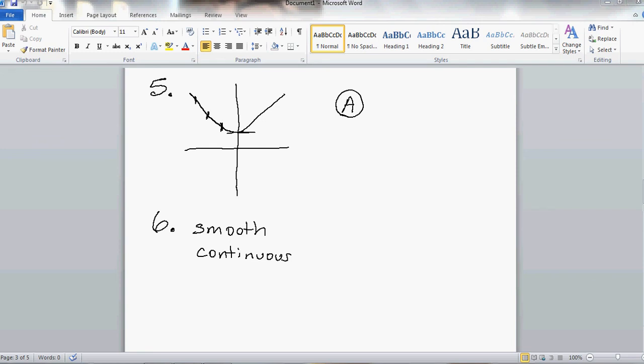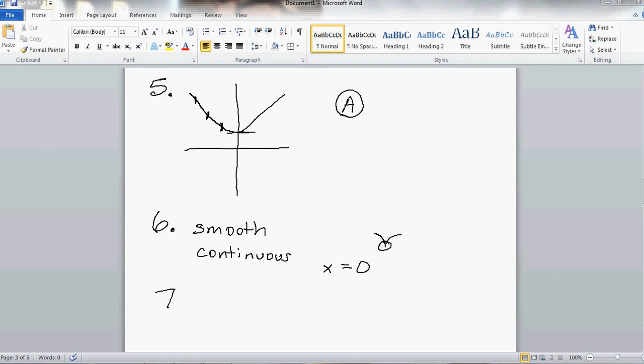It starts negative, it ends positive, and it's continuous all the way through. We don't have any holes. Is it smooth everywhere? It looks smooth in the negative, and smooth in the positive. The only problem is right at 0, it goes down and then immediately creates this point right here. So it is not smooth there. In other words, it's not smooth when x equals 0. Therefore, f prime is not defined at x equals 0.